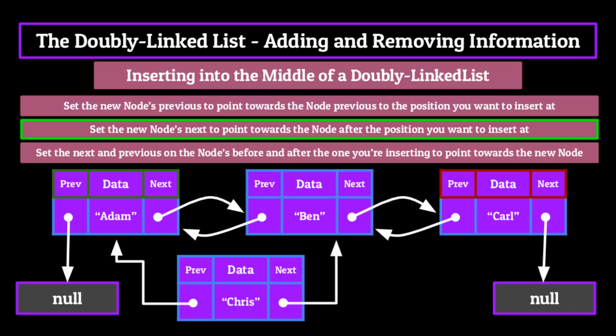So far, so good. Then, the last step is to set the next on the node before we're inserting and the previous on the node after we're inserting to both point towards this new node. So in this case, the Adam node's next and the Ben node's previous both get set to the new Chris node. This completes the addition into the list.